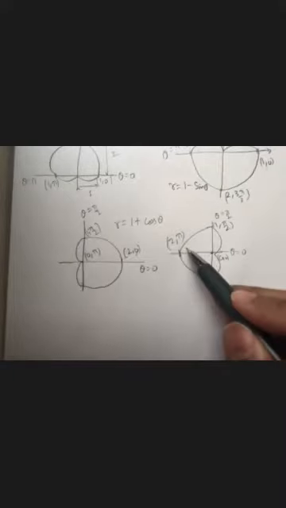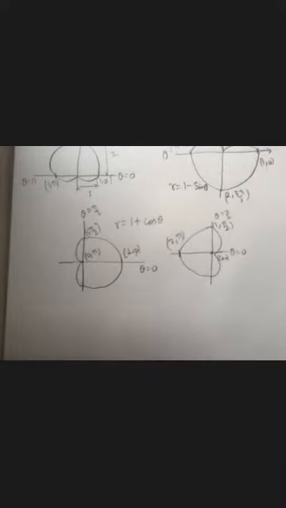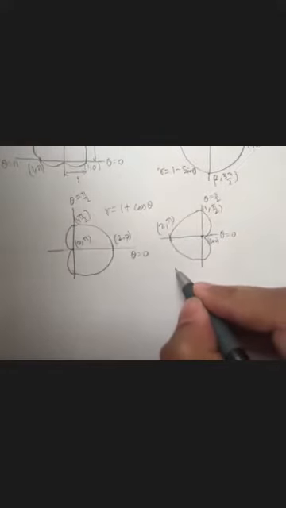So you have 0, 1, 2. So this curve becomes r equals 1 minus cos theta. The reason I did this is that these are the 4 basic sketches. The other ones you will see, we will just do simple modifications over these to solve other problems.